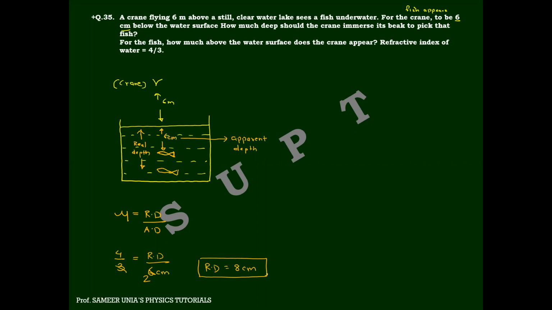Okay, कह रहा है how much deep should the crane immerse to pick up the fish? So really how much crane should go down? 8 centimeter actually. 6 तो already है, तो air में जितना 6 कवर करना पड़ेगा प्लस 8.